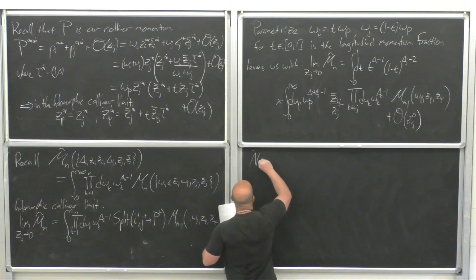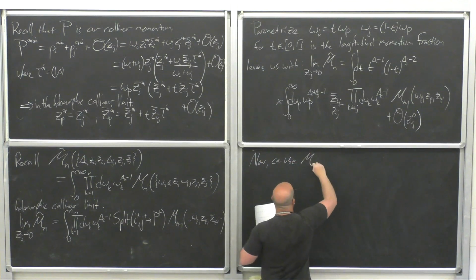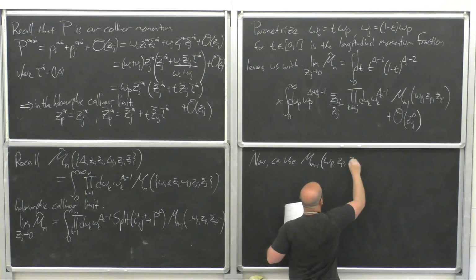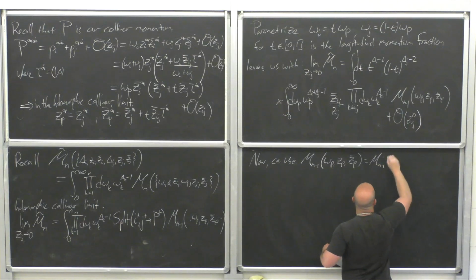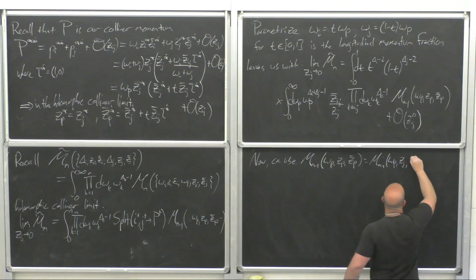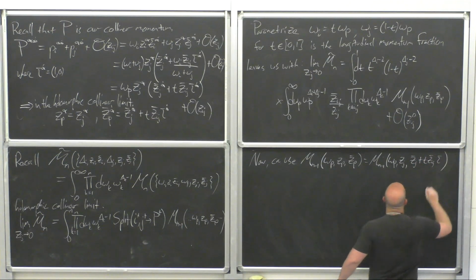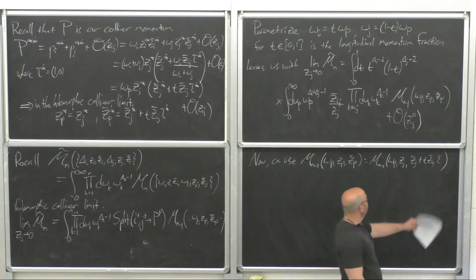So now we can use this n-1 point amplitude, thought of as a function of the collinear momentum, which can actually be written as a function of z j. And we can now Taylor expand this thing in z bar ij.